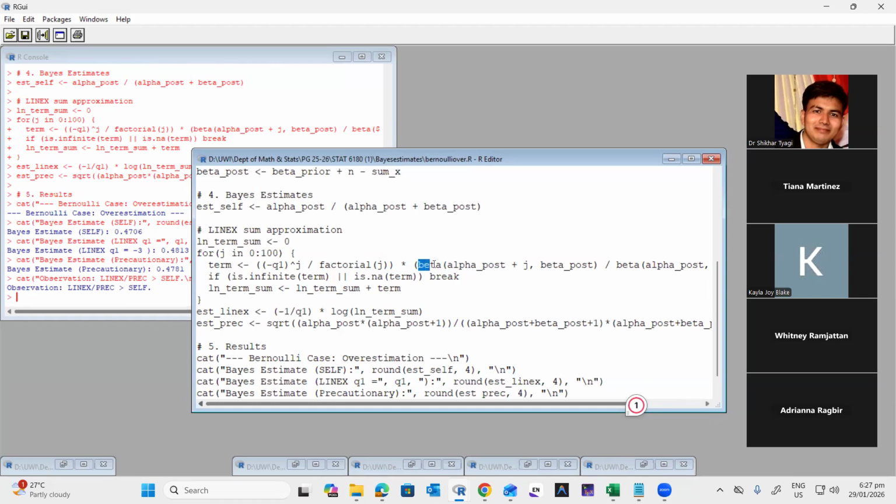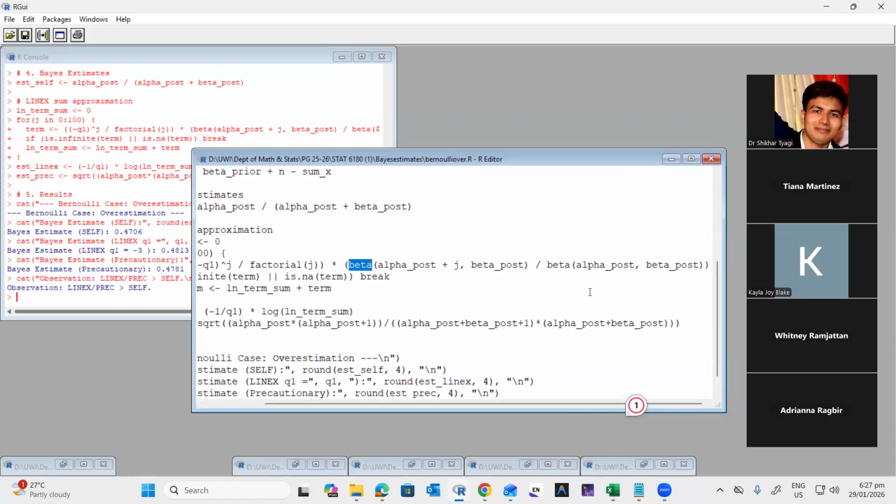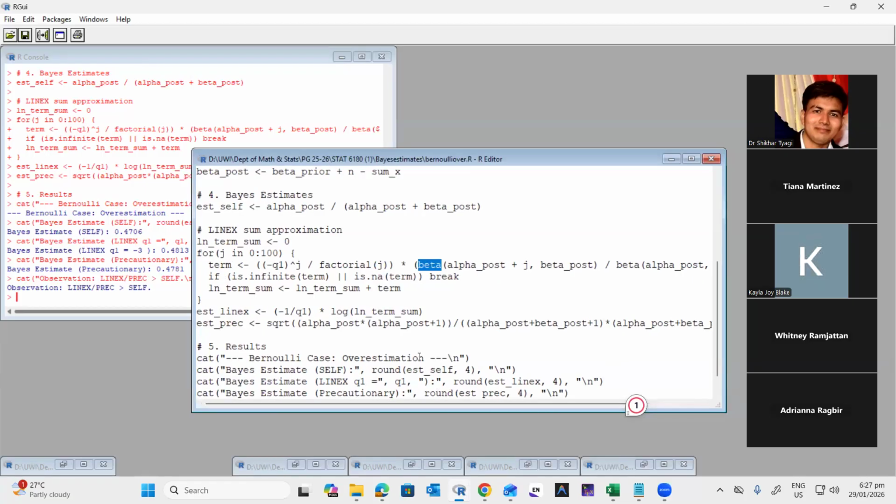For the beta function the command is beta here, that is alpha post plus j and beta posterior, divided by the beta of alpha posterior and beta posterior.